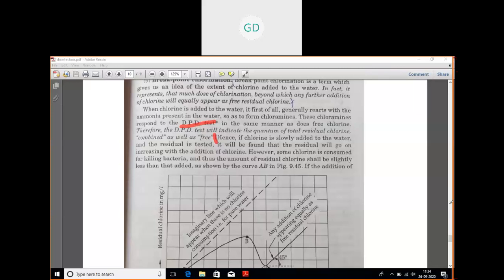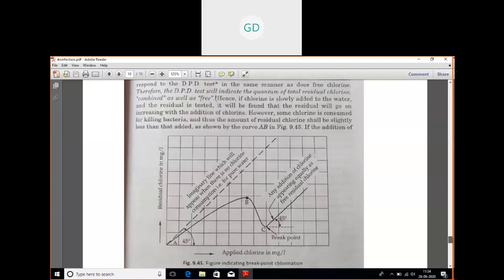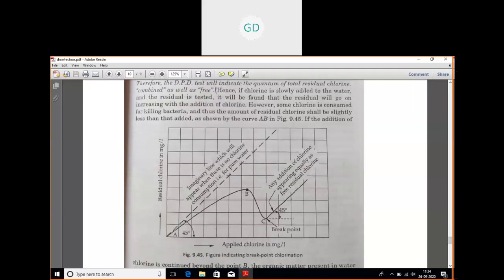So what this graph says, let us see. This curve from A to B, you are seeing. From A to B you are adding chlorine, and the residual chlorine is going on increasing.